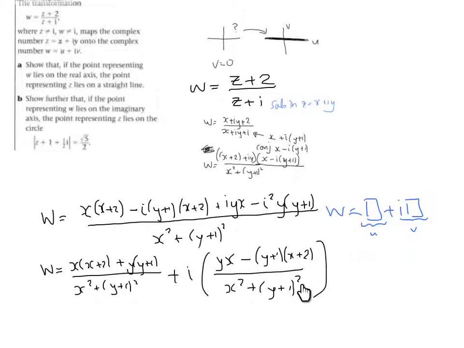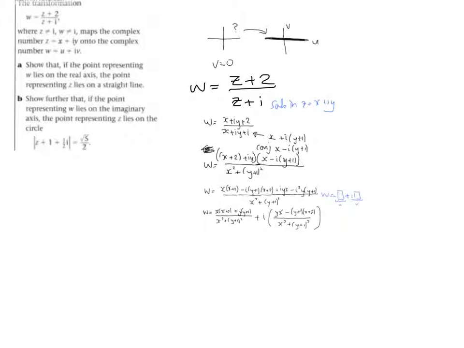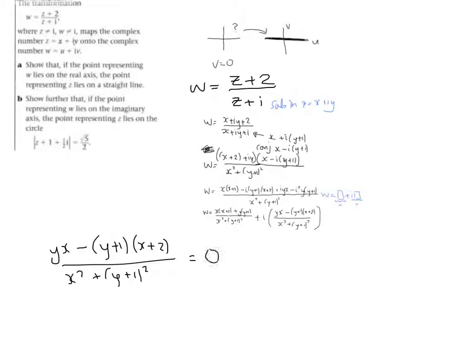So this is 0, so I can make that into a separate equation. What did that give me? yx minus (y + 1)(x + 2) all over x squared plus (y + 1) squared equals naught. So obviously I can multiply both sides by the bottom and expand out the top.